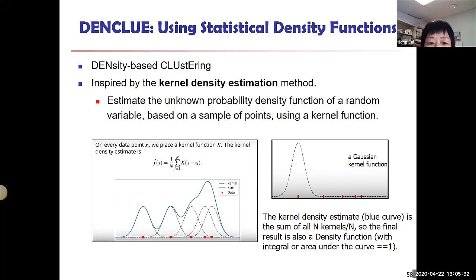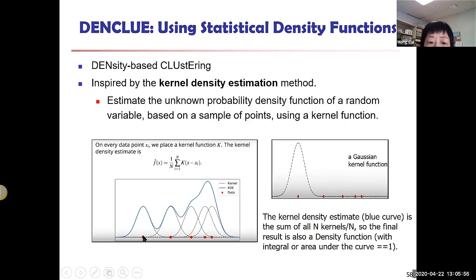The idea is, we have a set of data here, and we're assuming that this data is generated by one variable x. We're using a univariate example now. On every data point, we put a kernel function.